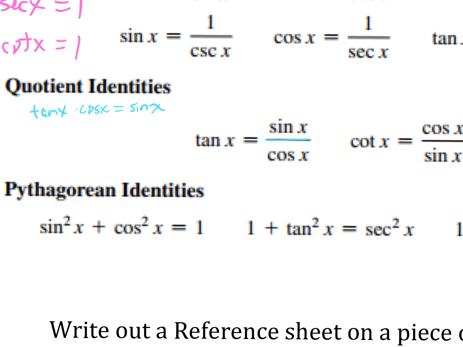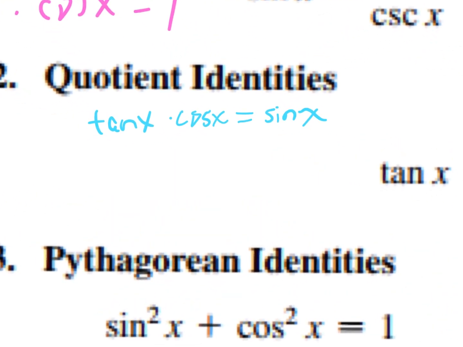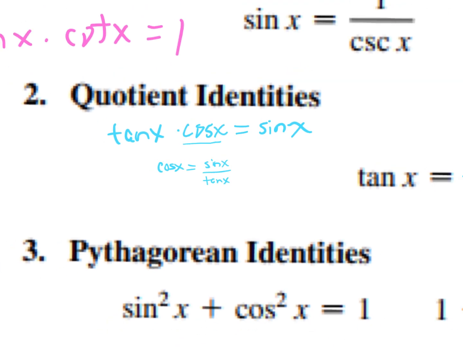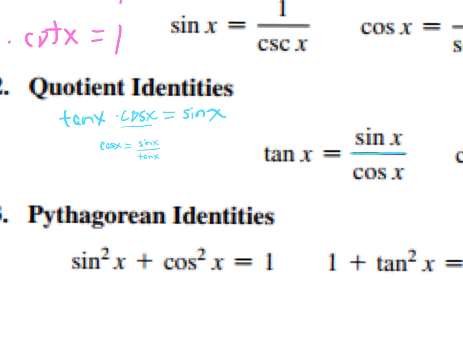And then along those same lines, if we were to solve this for cosine, think about what we would do. If we wanted cosine by itself, we would divide by that tangent, so we would have sine of x over the tangent of x. So there's two alternative forms for this tangent quotient identity.